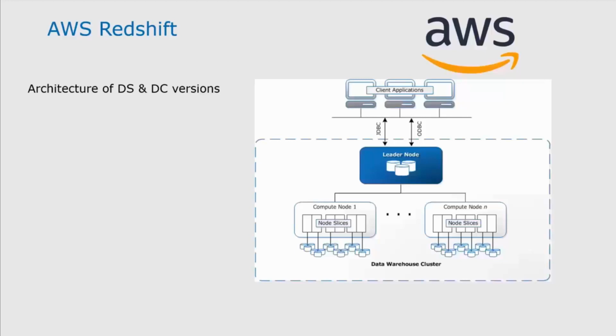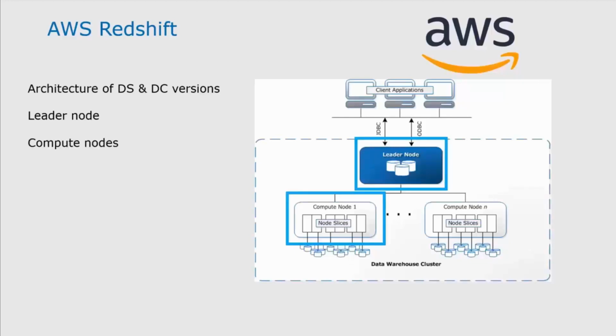But both of them have a leader node, and then you have compute nodes. And a compute node consists of slices and storage combined. So you do not have a separate storage and compute layer. Everything is combined into one single node, which means that if you pause it, the data will be unavailable, or the data will just be stopped. So you can't really pause it in the same way you can Synapse or Snowflake, for instance.